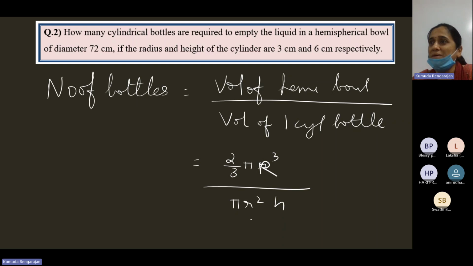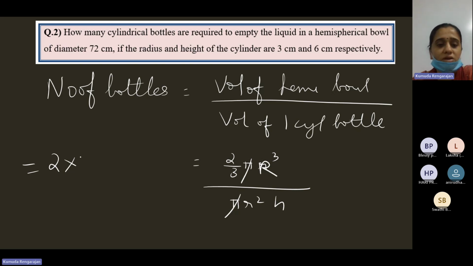But for pi, don't put pi 1 and pi 2. Pi is the same, so you can cancel pi. Radius will be different for different solids, so you have to differentiate. But pi is the same, so you can cancel pi. Correct? Yes or no?